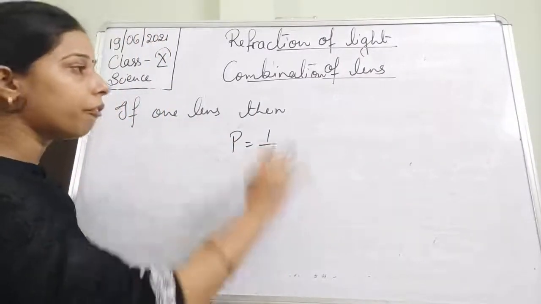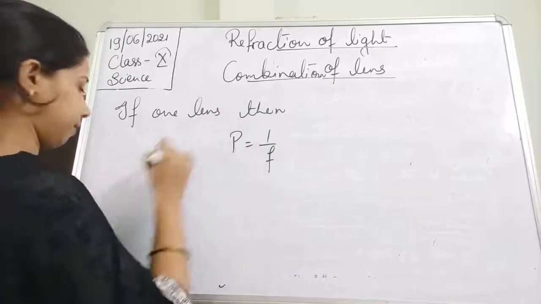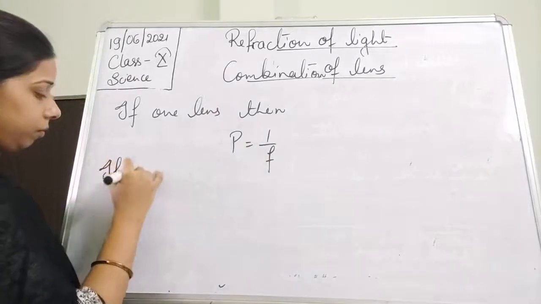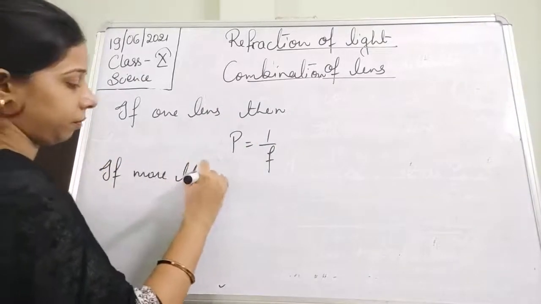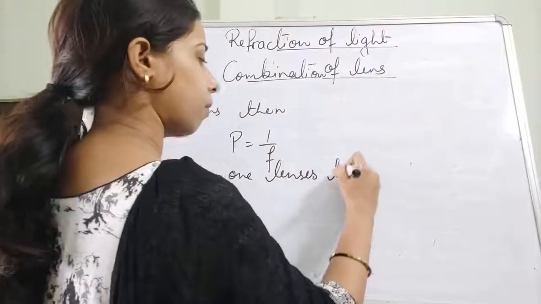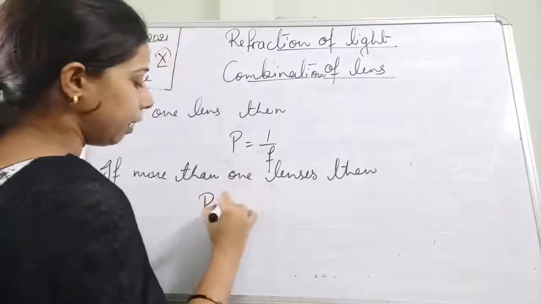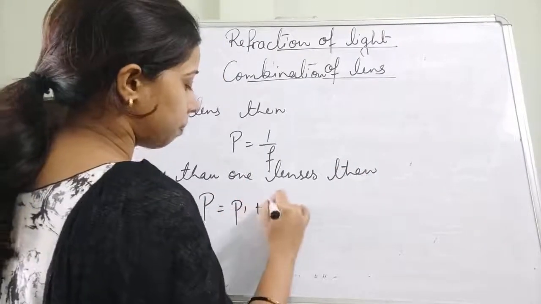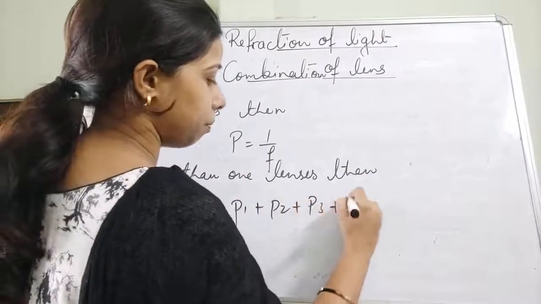If a lot of lenses are there, then power will be equal to P1 plus P2 plus P3 plus P4.